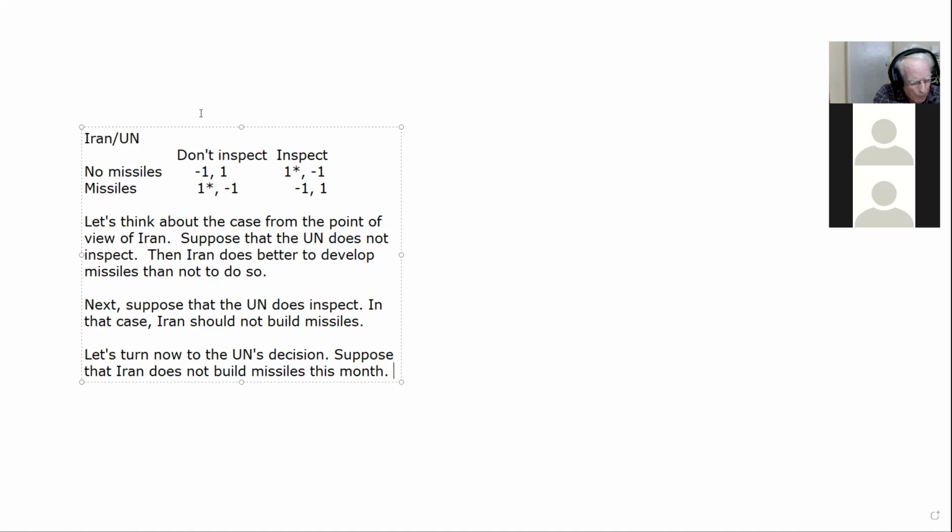What should the UN do? Well, 1 is better than -1, remembering that the UN's payoff is the second number. So there is no best response.